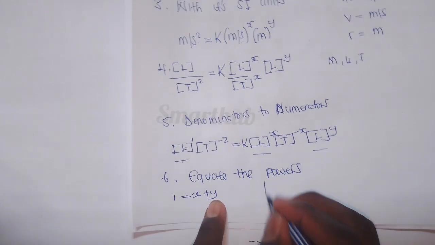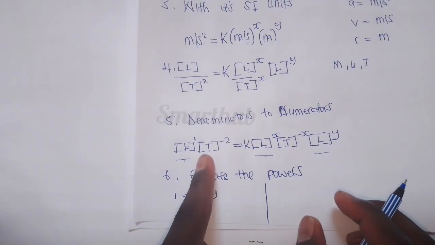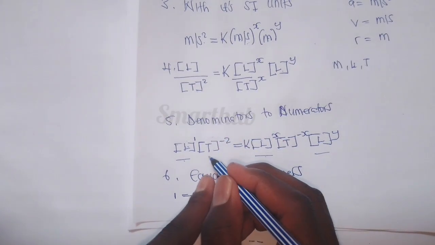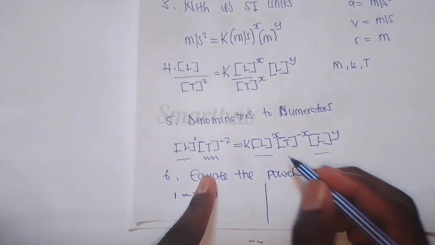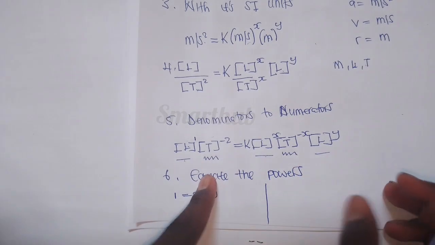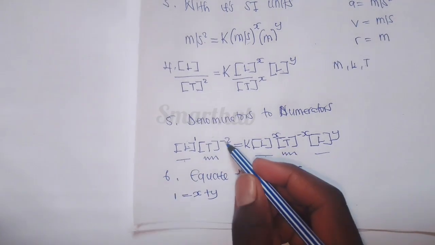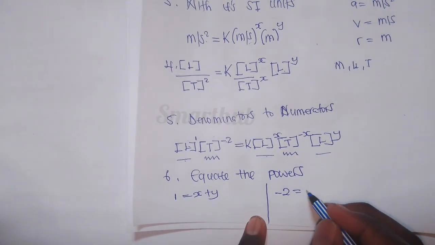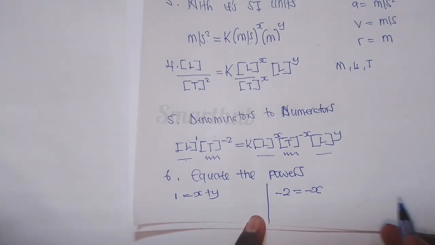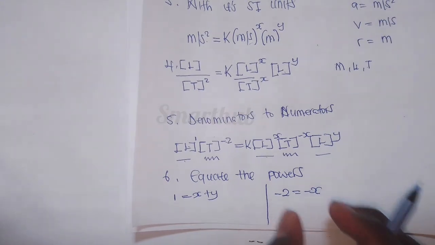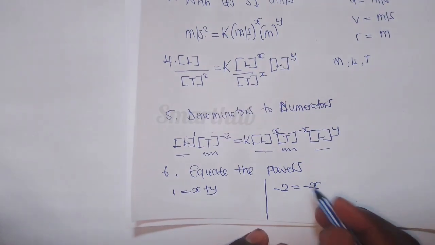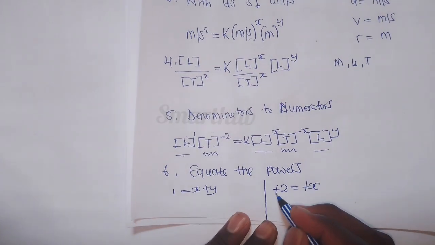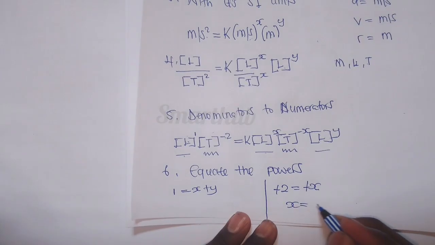So let's also equate the one for time. So for time we have this one, we also have this one, only 2. So we have negative 2 here, we equate it to negative x. Okay, so this one we can solve. So we're just going to cancel the negative, then x is going to be equal to 2.